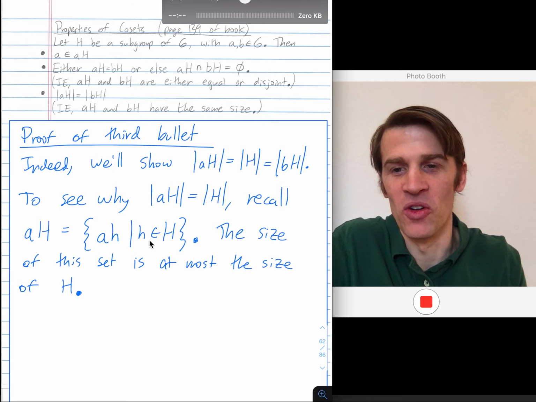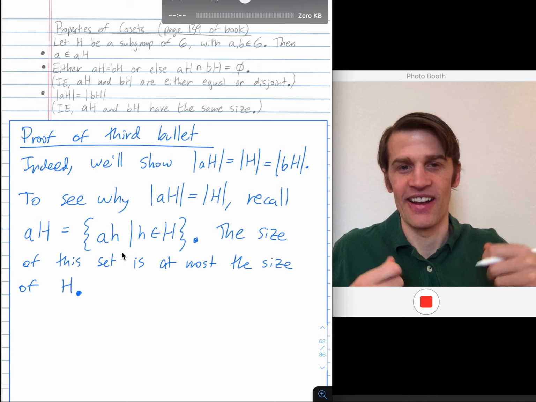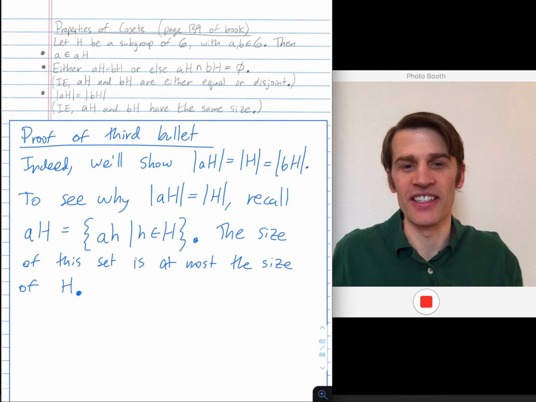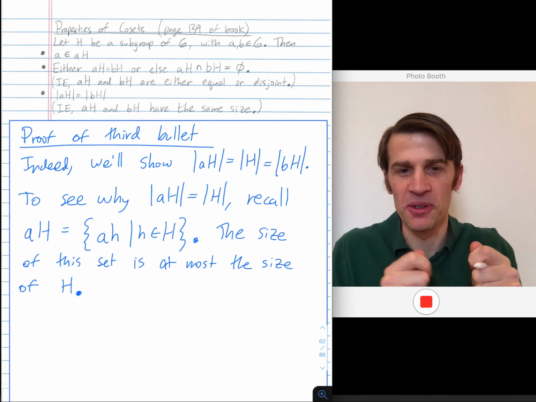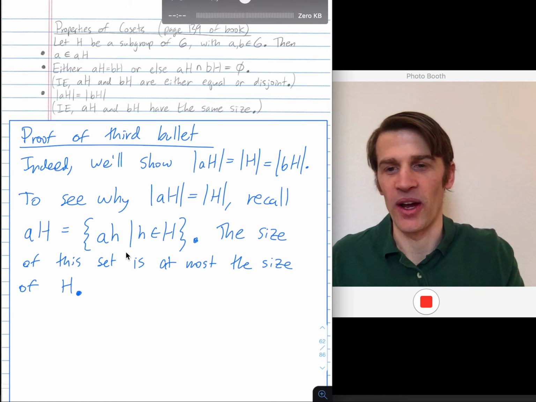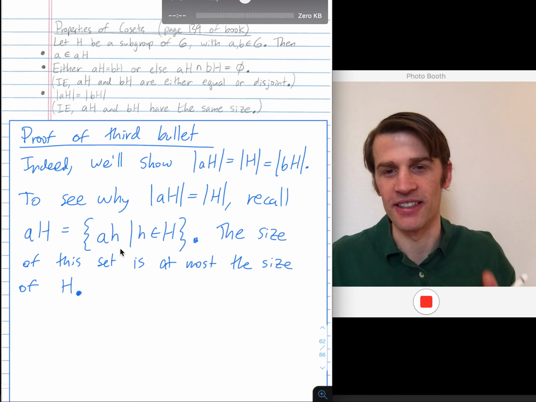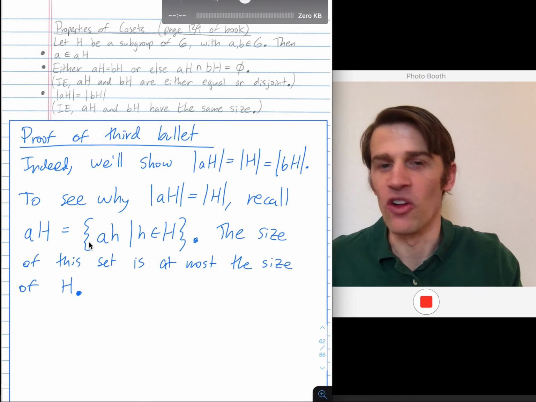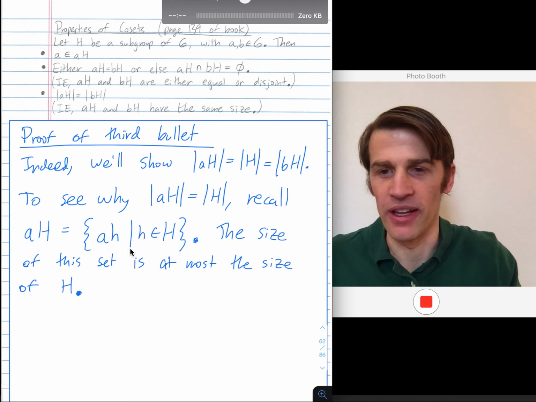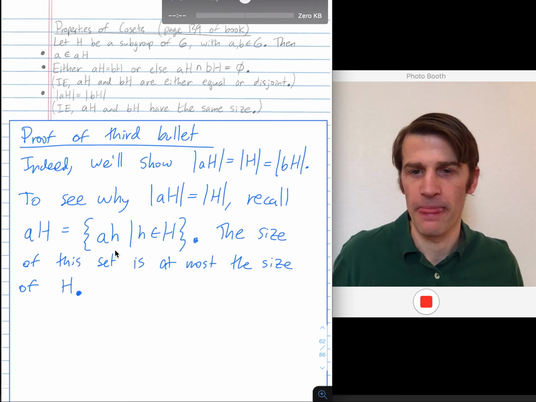I'm only changing little h over a certain number of different values, which is given by the size of the subgroup capital H. So I can only vary little h over the size of capital H different things, so I can only get at most capital H different outputs for A times little h.